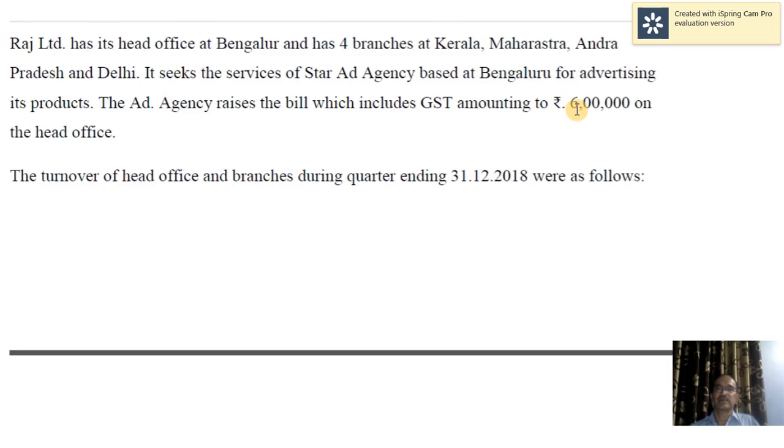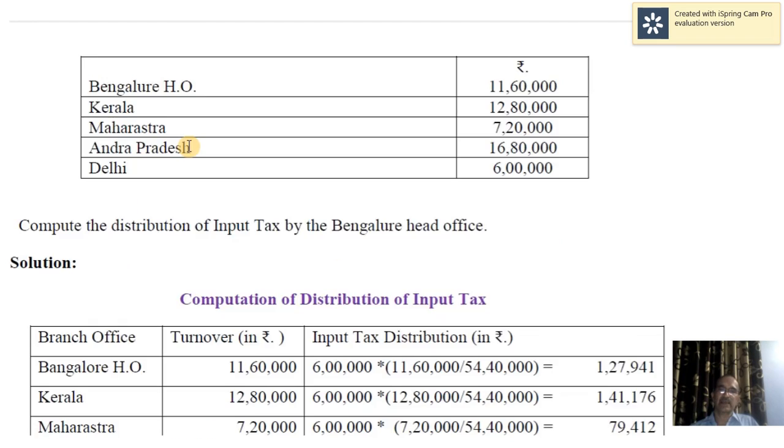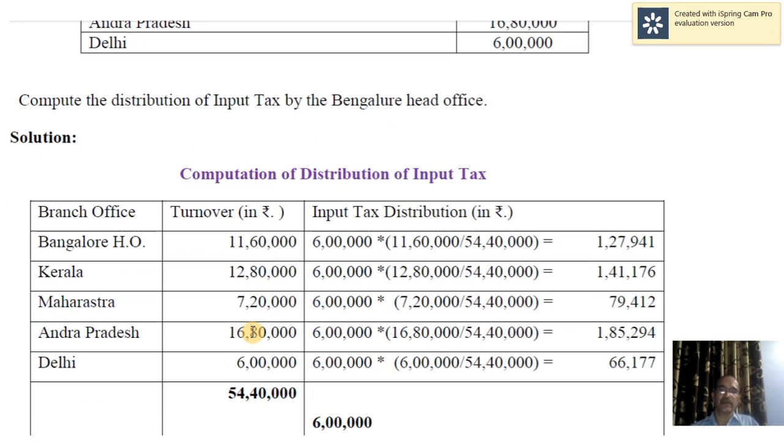Bill is raised on this, and therefore what you have paid is 6 lakh. But it should be distributed in proportion to the turnover. So total turnover is 54,40,000. Of that, Bangalore head office value is 11,60,000. So 6 lakh into 11,60,000 out of 54,40,000 gives the share of Bangalore head office.